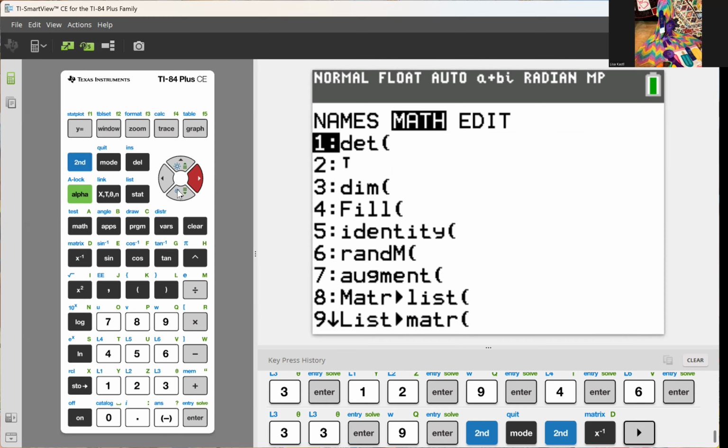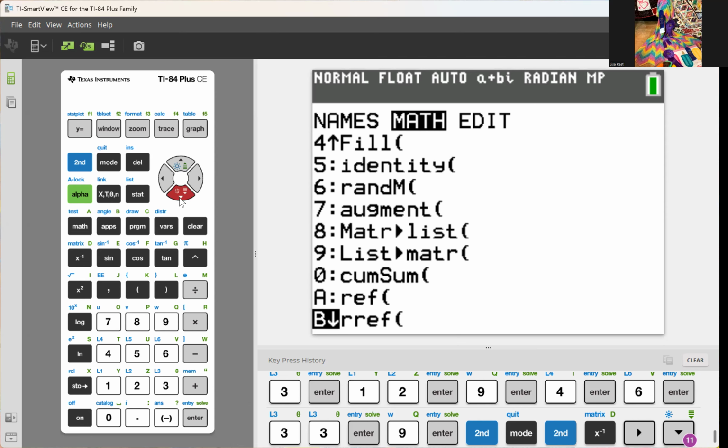And I'm going to arrow through this menu until I find RREF, and that's going to be B. And RREF is reduced row echelon form. And that is using Gauss-Jordan to put my augmented matrix into reduced row echelon form.